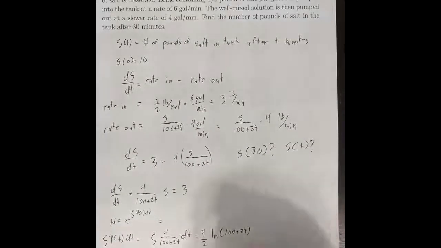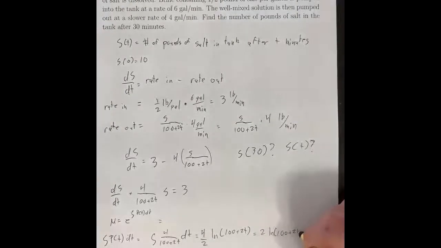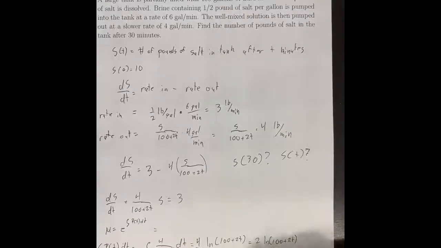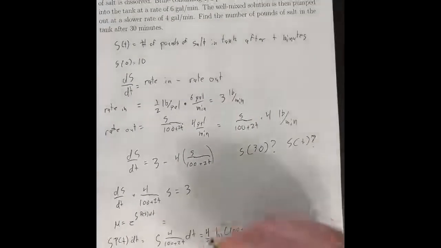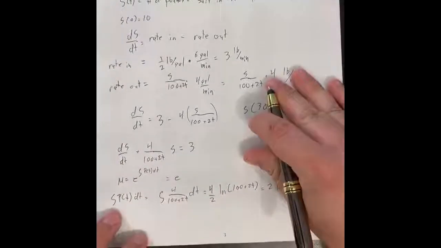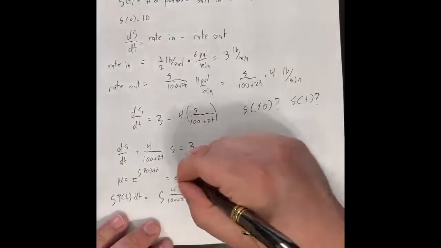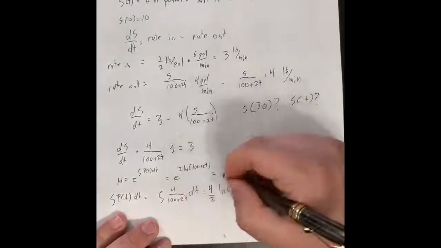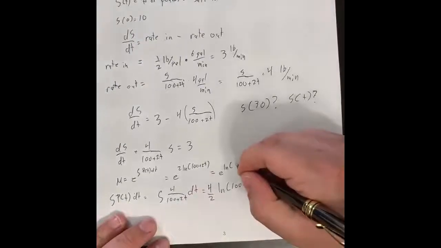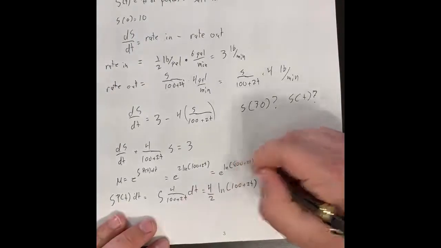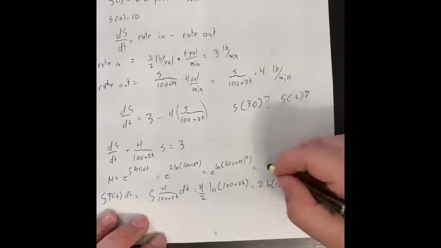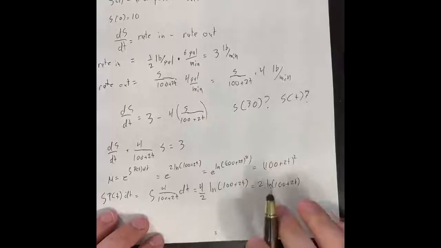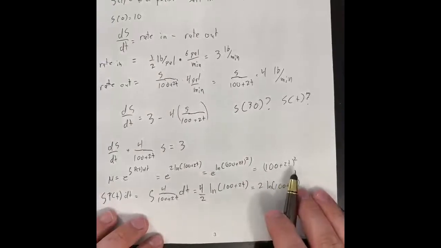So the antiderivative is 2 times the natural log of 100 plus 2t. And again, we're going to do base e of that. So we have e to the 2 natural log of 100 plus 2t. Bring the 2 into the exponent, we get e to the natural log of 100 plus 2t squared. Cancel that, we have 100 plus 2t squared. So that's our integrating factor mu, 100 plus 2t squared.